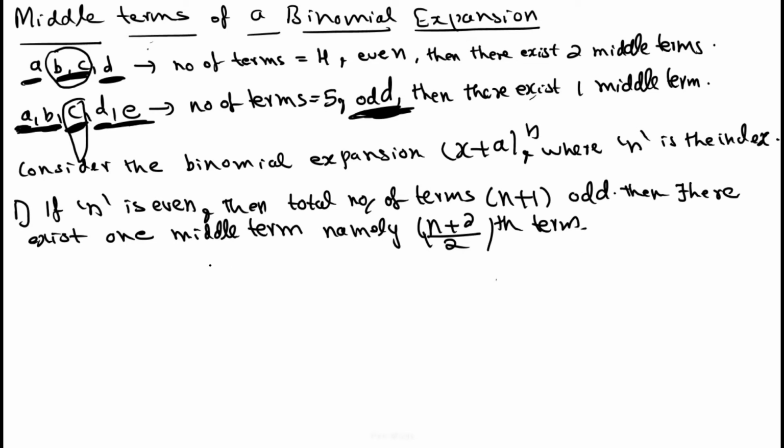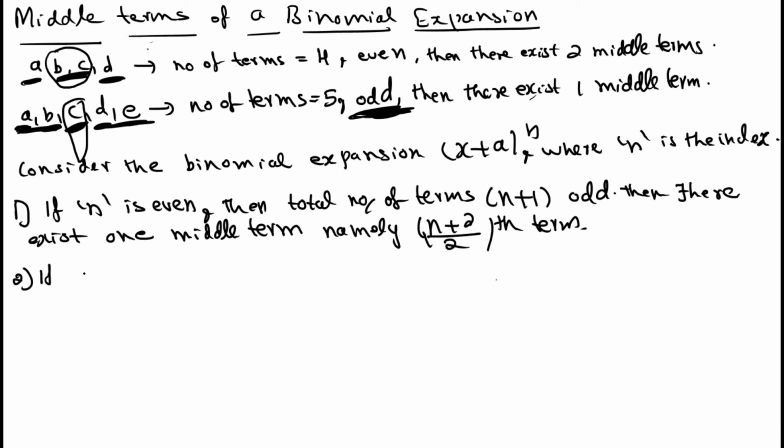Remember, if index n is even, then we know the total number of terms is n plus 1, that is odd. Then there exists only one middle term, namely the (n plus 2) divided by 2 th term. Take the second case.